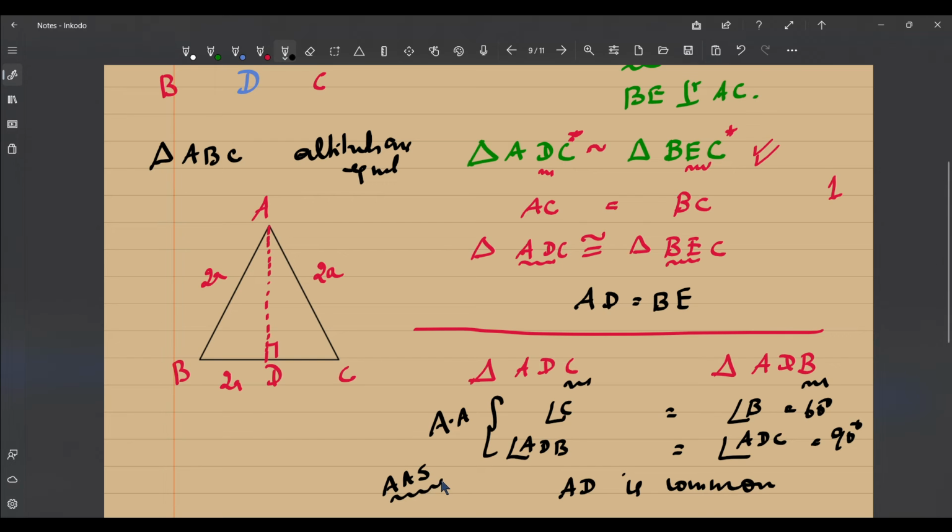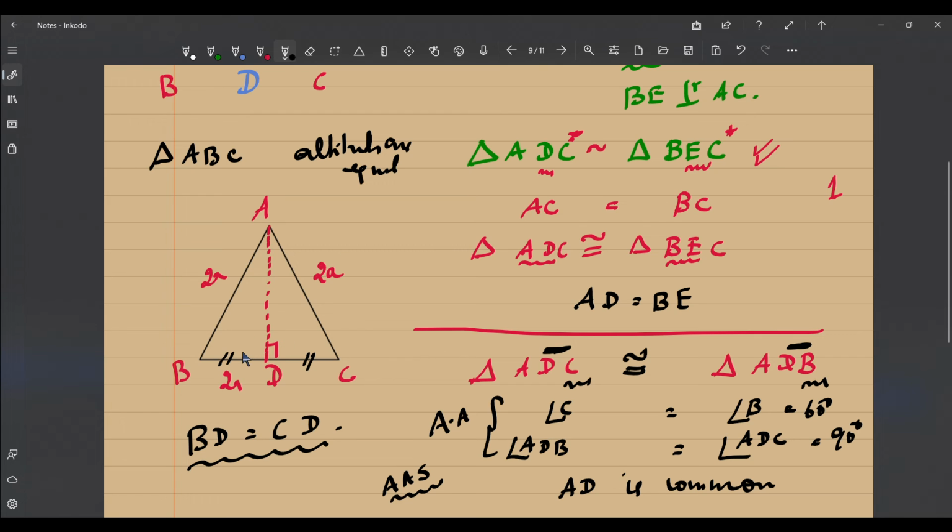So by this postulate of congruency, let's conclude that these two triangles are congruent. But what we need is these two sides, BD and DC. They are equal, right? BD from this triangle and CD from this triangle. BD is equal to CD. So this is what we were looking for, isn't it?